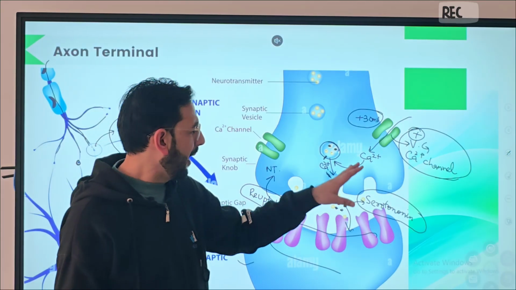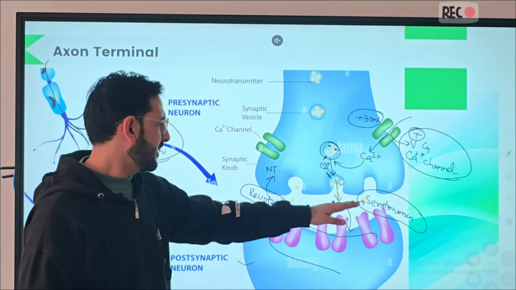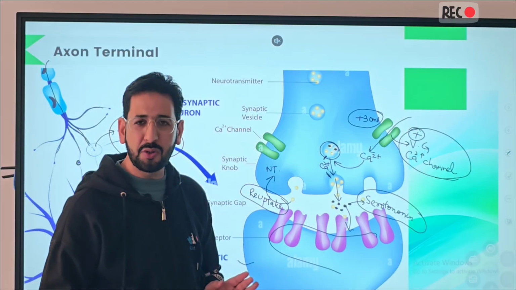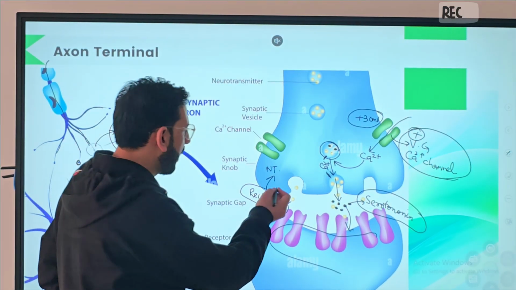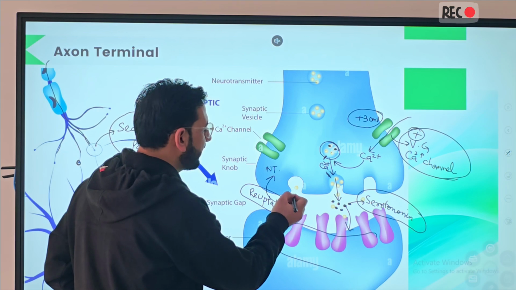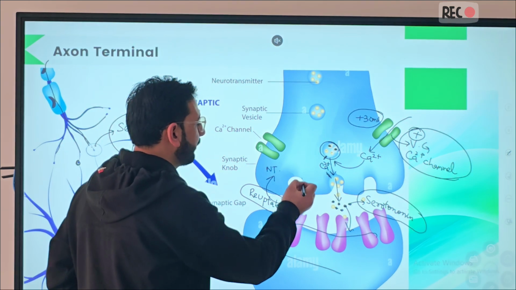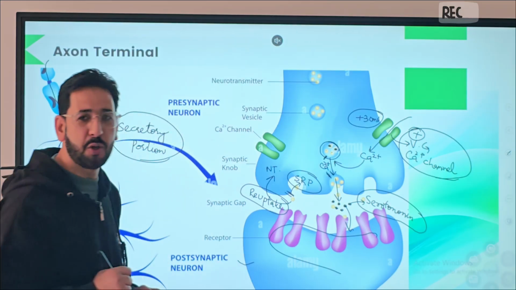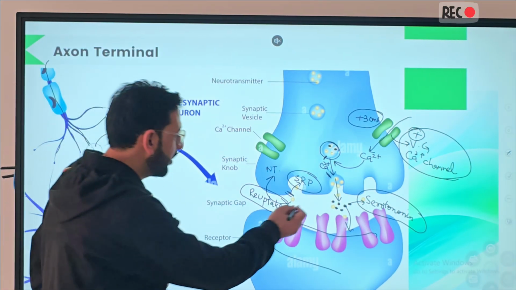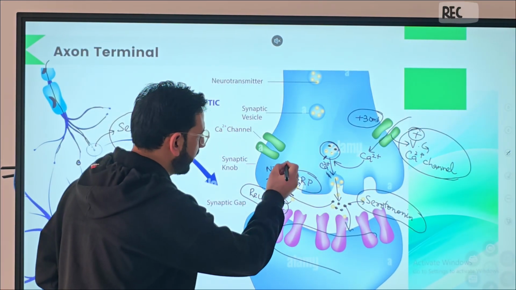The serotonin is taken back into the neuron by means of serotonin reuptake. Now here there is a protein, and that protein is called the serotonin reuptake protein. Now this serotonin is taken back into the neuron.